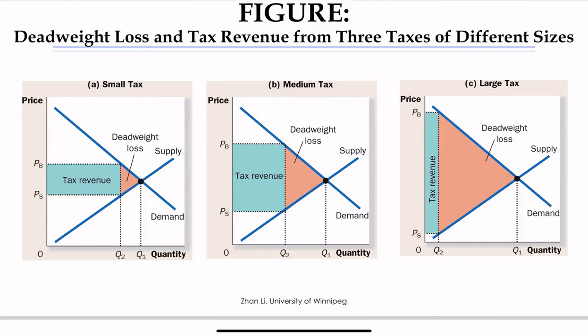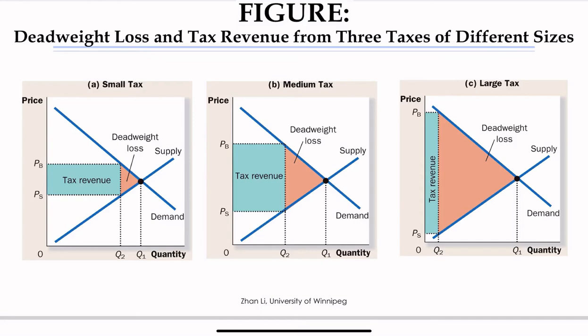So let's just start from graph A with a small tax. So here you can see that if the tax is small, the deadweight loss is also small. Now let's move to the right. Let's look at graph B. With a slightly larger tax, the deadweight loss is larger.